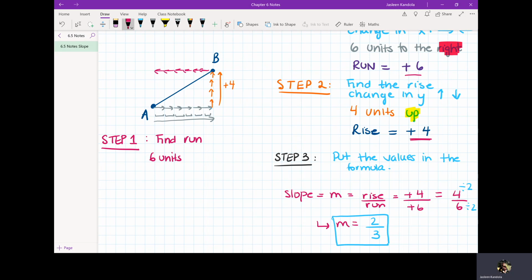But am I going to the left or to the right? I went to the left. Since left is negative and right is positive, this means our run is -6 now.